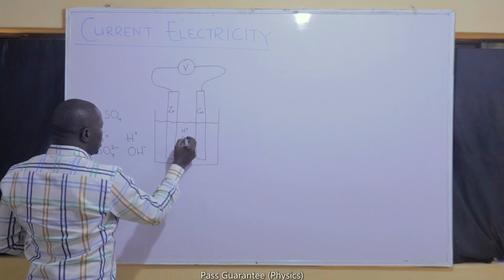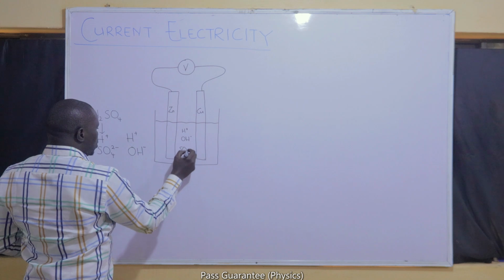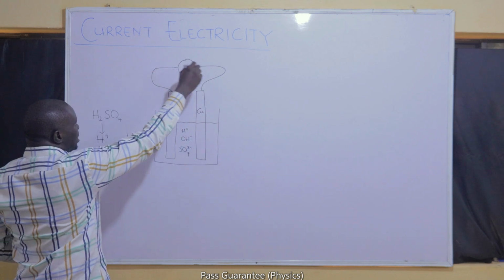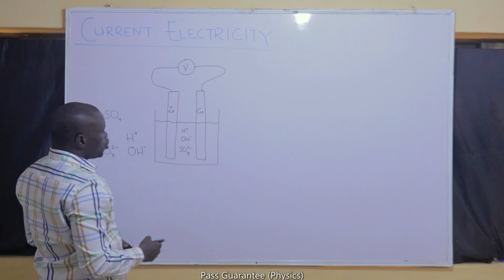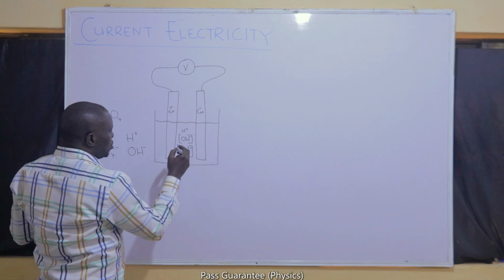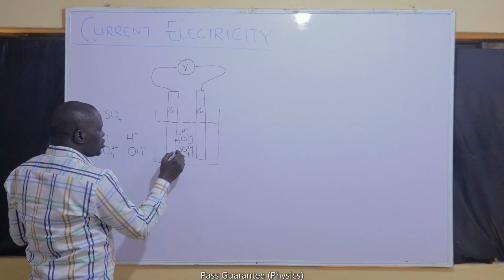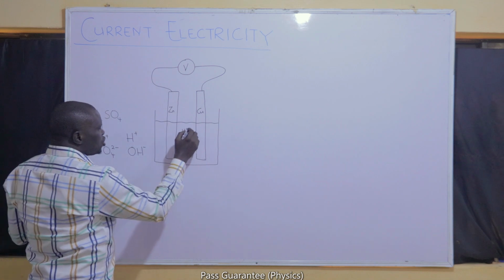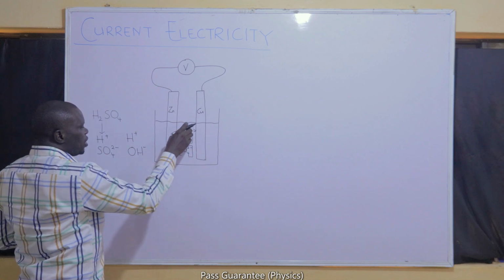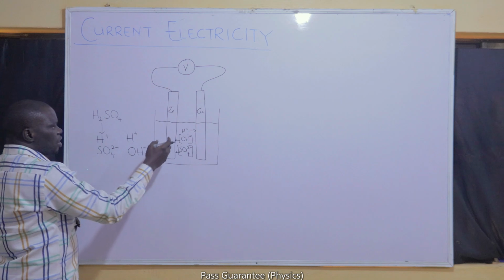At the start, the ions move randomly through the solution. But the moment the two metallic electrodes are connected, OH minus and SO4 2 minus will drift to one electrode, while H plus will drift to the other electrode. The positive ion in the solution will drift to one electrode, while the negative ion will drift to the other.